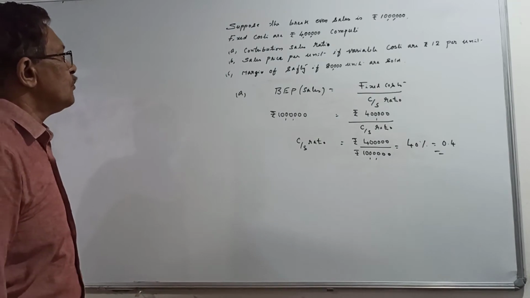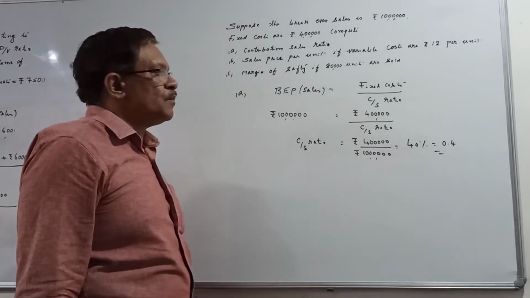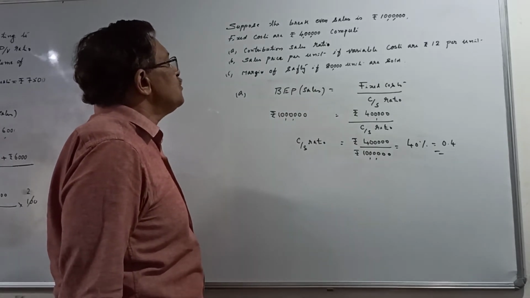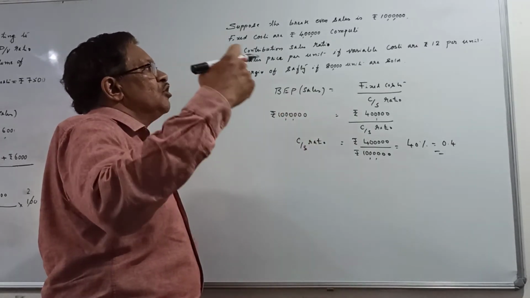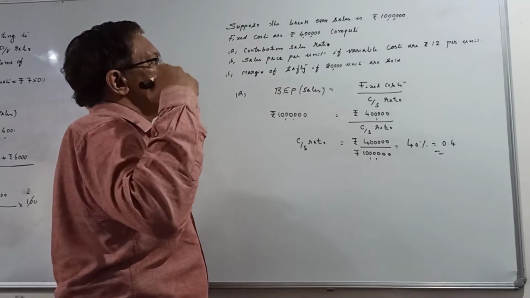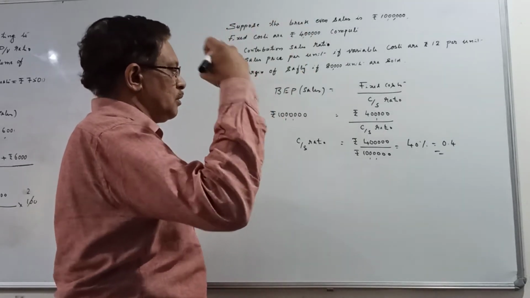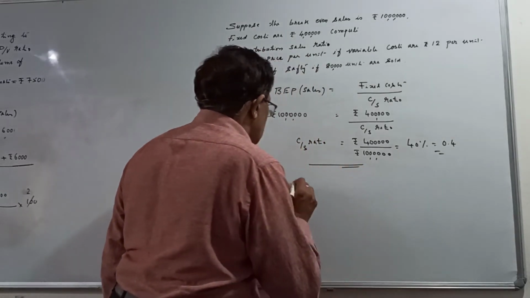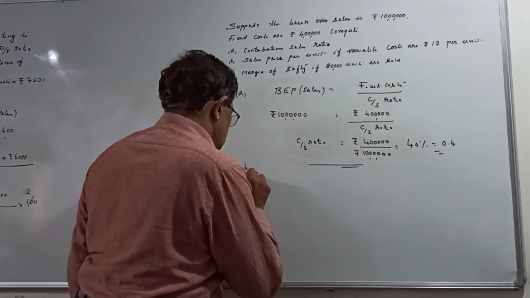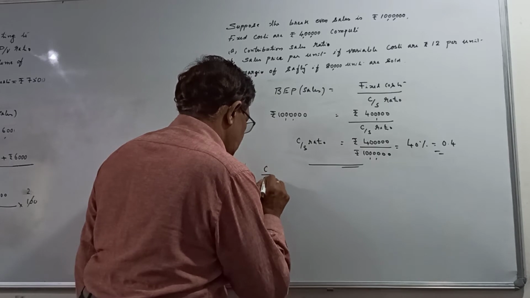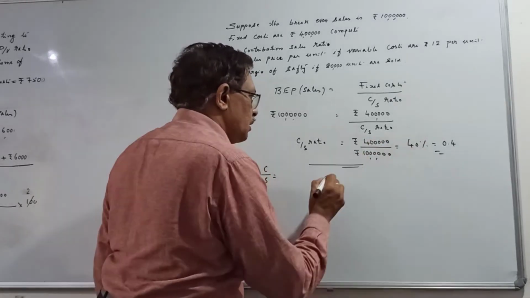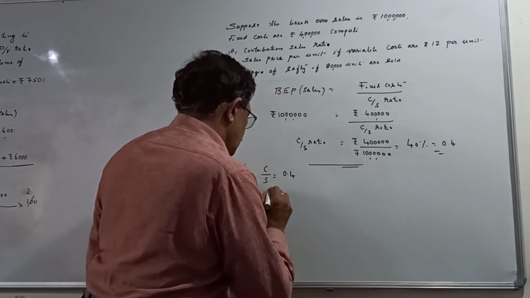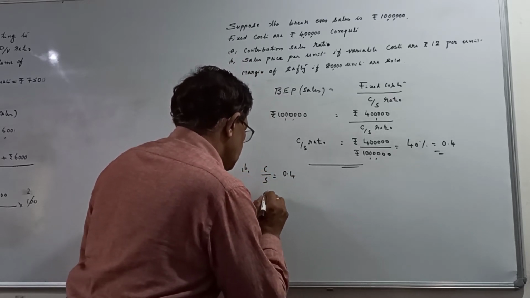Now let us attempt the second bit, where he wants us to find out the sales price per unit if the variable costs are rupees 12 per unit. We know that C by S is nothing but 0.4.